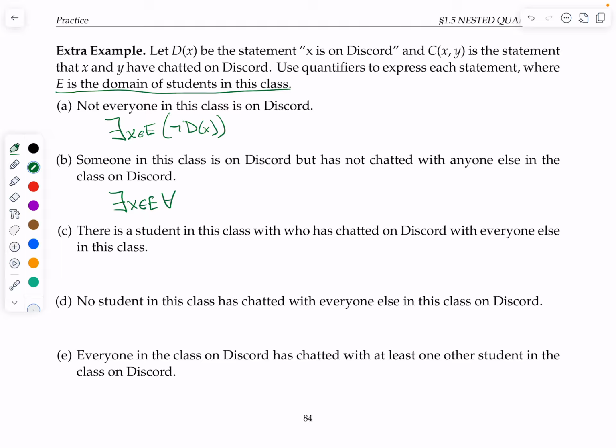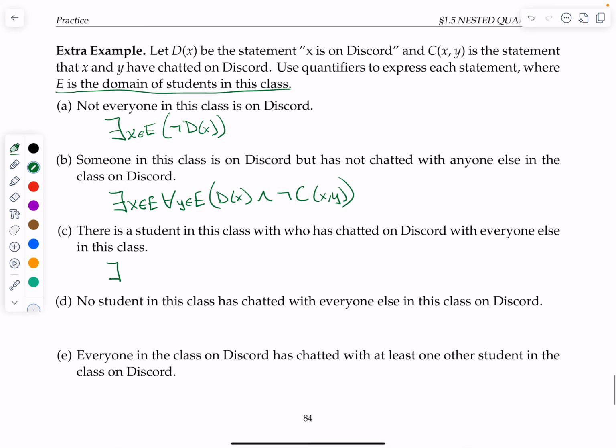Okay, well then for everyone else, this person is on Discord and they have not chatted with anybody.